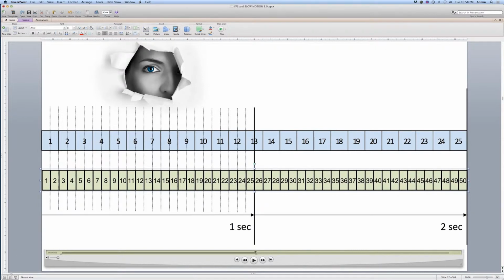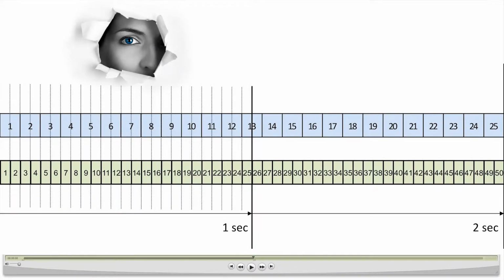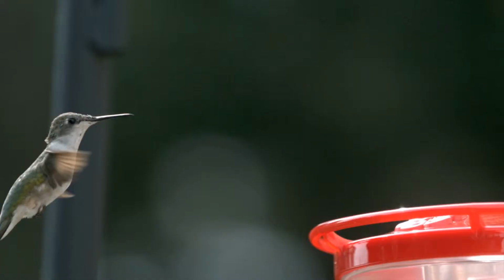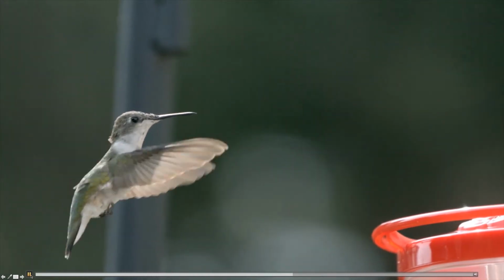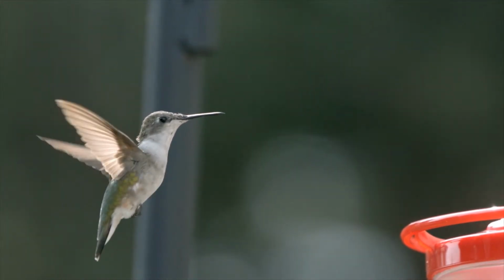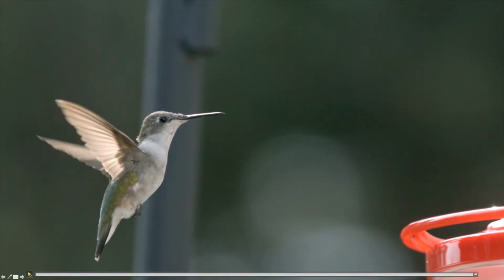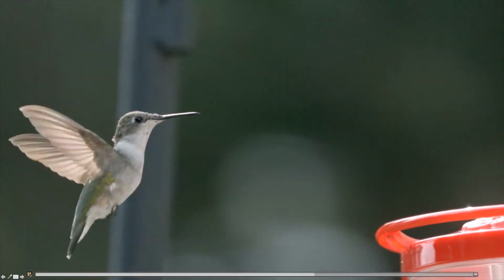Okay, we go back to the presentation mode, and we are going to follow this thing a little bit. Here's the bird again, and I did something with this video shot. I speeded it up 4 times. So if we play it now, it's almost real speed, not exactly real speed, but it's faster.